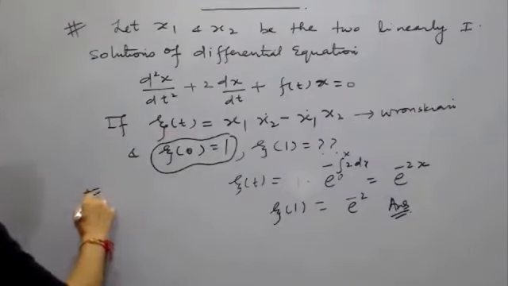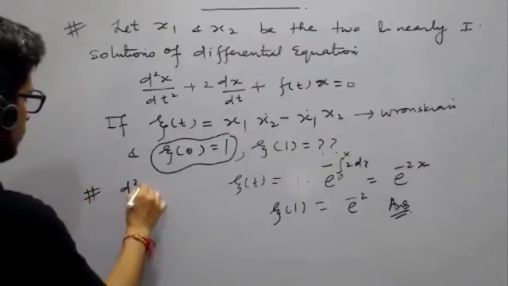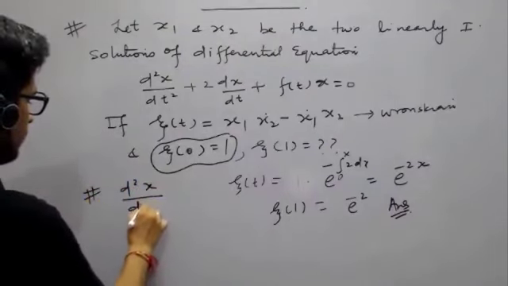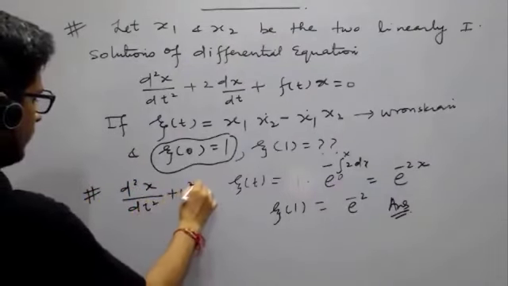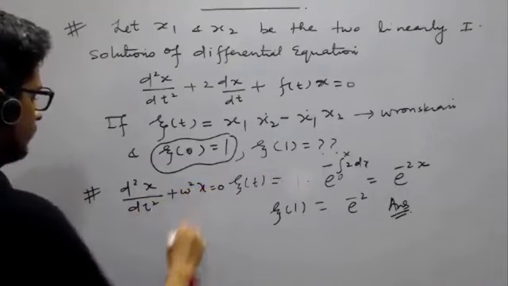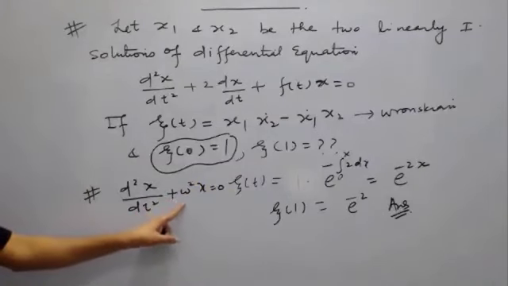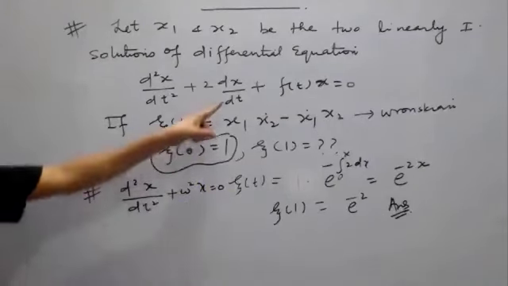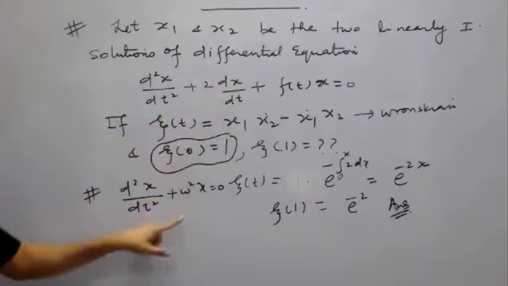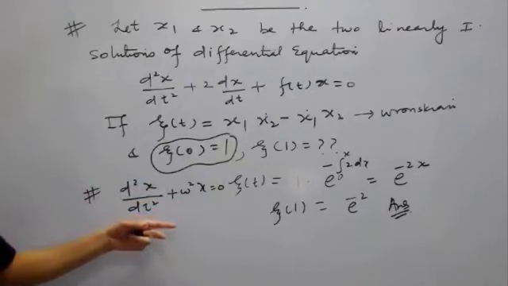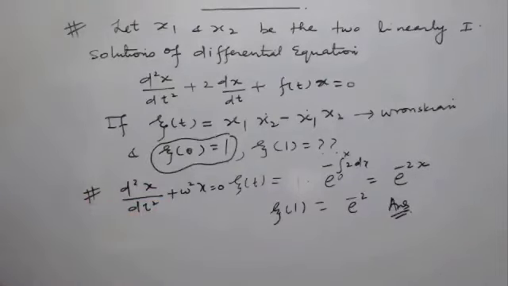Suppose you have another equation d2x by dt2 plus omega square x is equal to 0. There is no p here, because p is the coefficient of dx by dt, and it is not there. So the value of c needs calculation at the initial point, which is also not given.